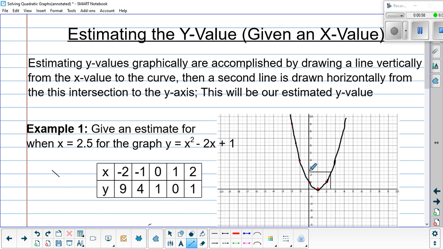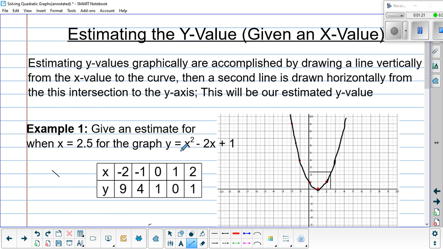Similarly, if you actually had to solve it, you'd normally just plug in your x values. If you wanted to check whether you're correct, you could substitute in 2.5 times 2.5, then subtract 5, and then plus 1.